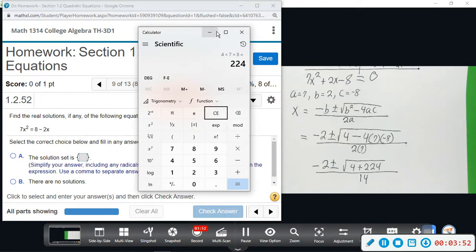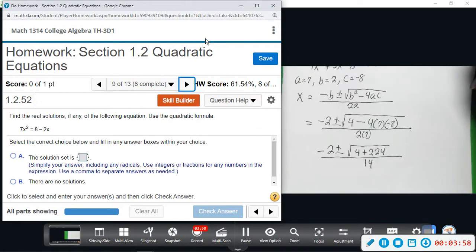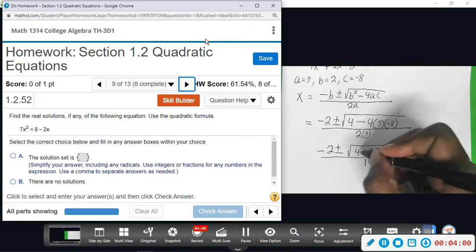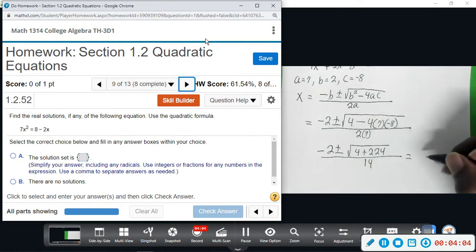Okay. Always better to be careful, double check, than just to be overconfident and make a lot of mistakes. Alright, 4 plus 224 gives us 228. So we got negative 2 plus or minus square root of 228, all divided by 14.